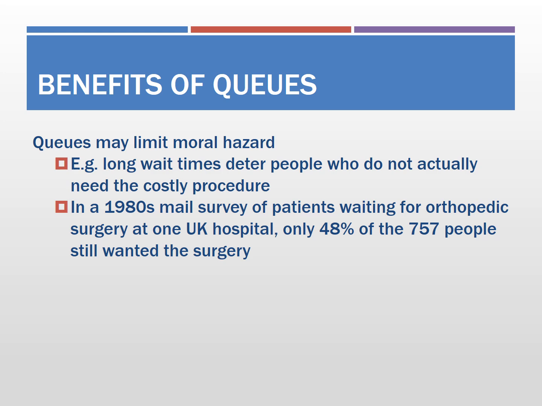Only 48% of the people on the wait list still wanted the treatment. So this is the evidence of the rationing power of long waiting time. And what's more, the patients who drop out of the queue were probably those for whom the surgery was not that valuable in the first place. So the long queue actually saved money without sacrificing much of the patients' health in this case.